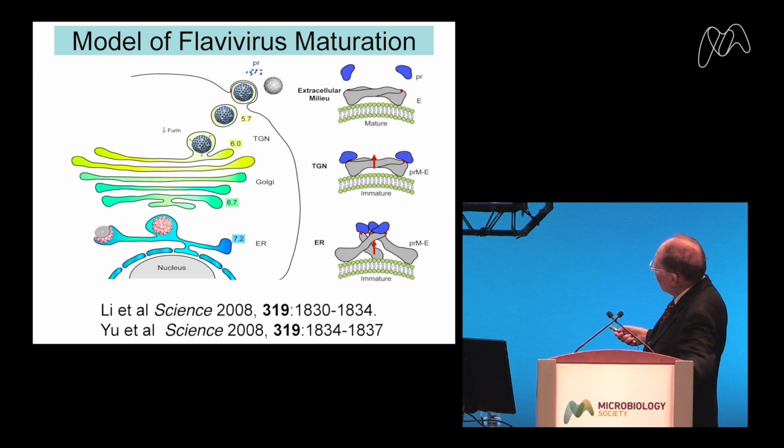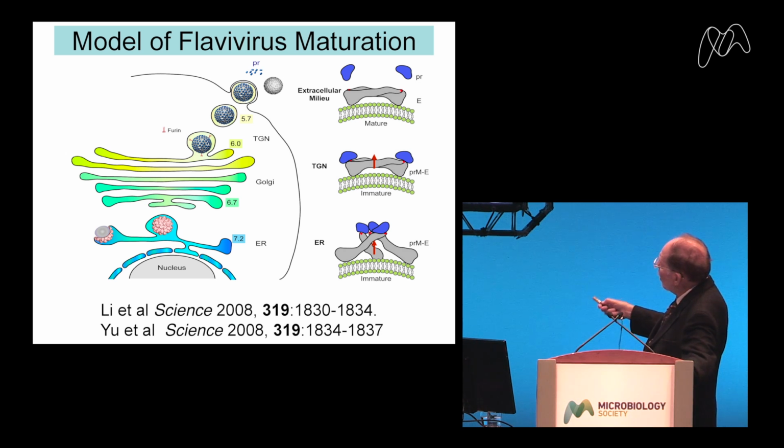So here we have the trimeric structure in the ER. The red part is the fusion peptide on the E protein, and then as it goes through the Golgi, as Ju had in fact shown, the virus changes the trimers. The 60 trimers are arranged into 90 dimers, and that cleavage can occur.